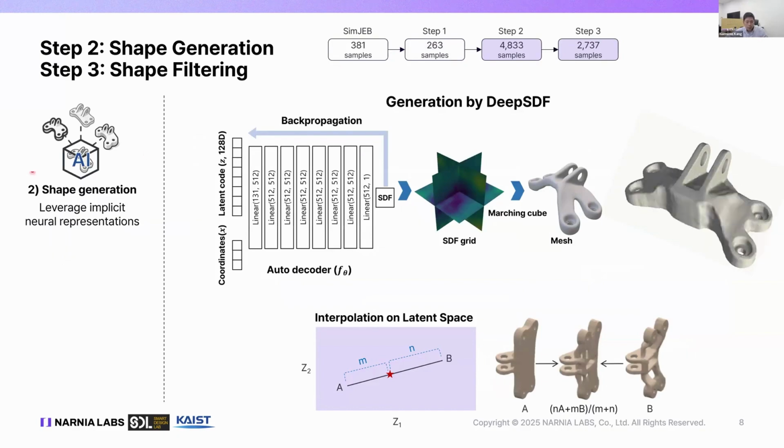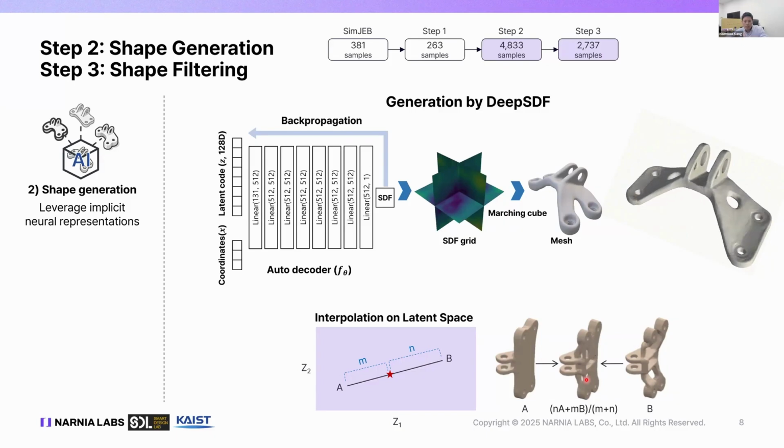In step 2, shape generation, we employed an implicit neural representation model, specifically an auto-decoder architecture of the SDF. This allowed us to generate about 4,800 new diverse bracket designs by interpolating in the learned latent space.